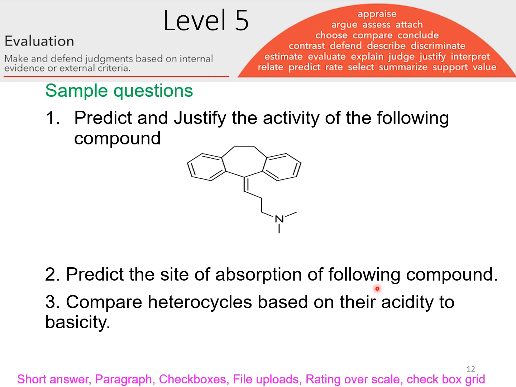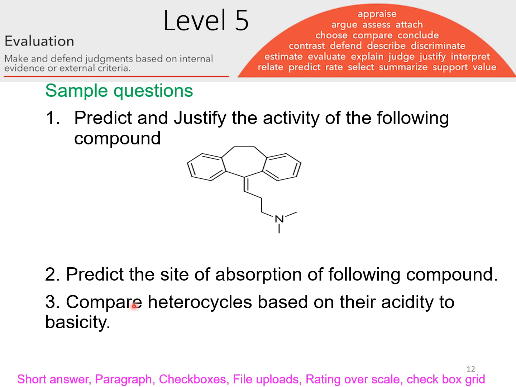So if you give them some structure of the drug, and if they are learning this concept whether the drug is acidic or basic, and they also know throughout the GI tract slowly the pH changes from acidic to alkaline. So at different positions of the GI tract, when the drug is exposed, what is the site of absorption? This they are concluding for the drug example which you have given them.